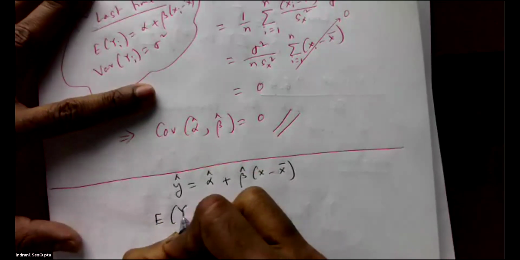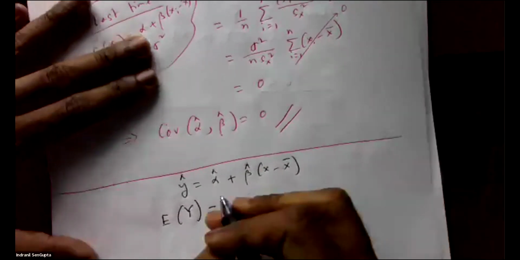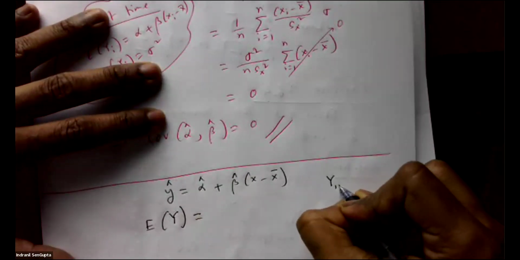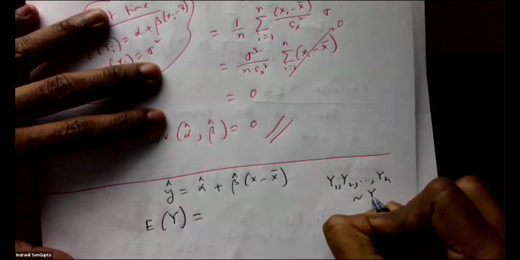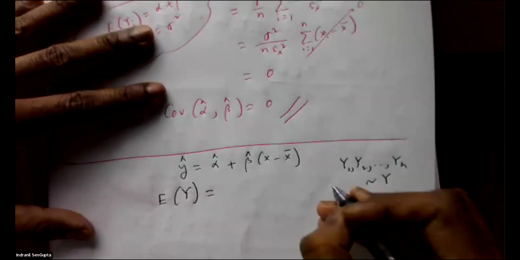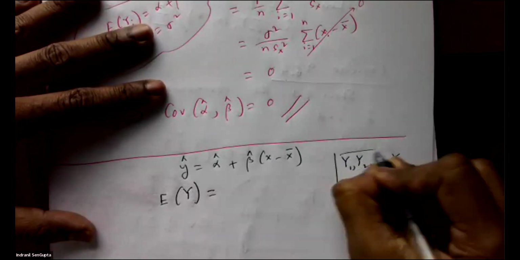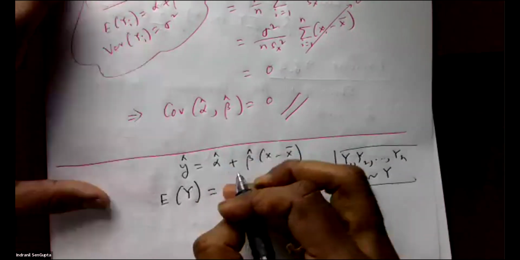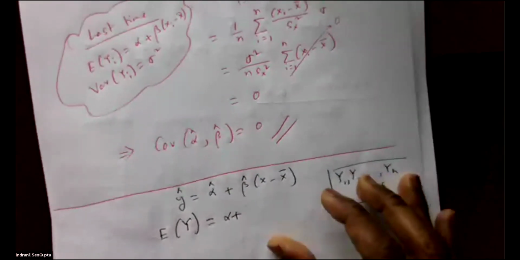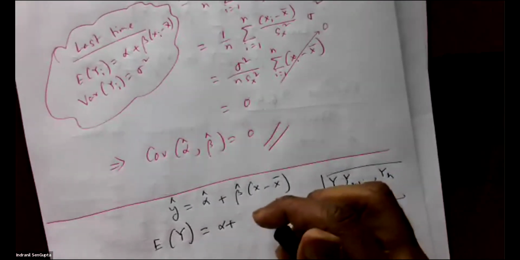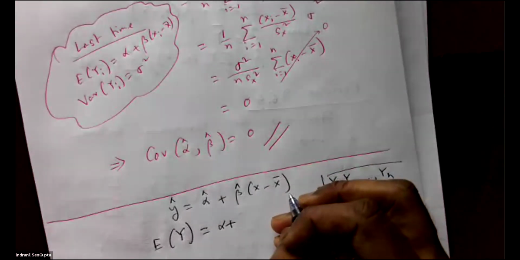Also, what is E of y, where y is the response variable for the value x? They are following this distribution for y. So we have seen that it's alpha plus whatever the corresponding value is for x.